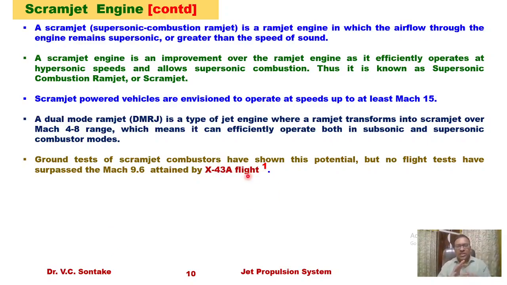Though the scramjet engine, when designed initially, was expected to achieve a Mach number of 15, so far, of the scramjet engines designed and tested, the highest speed attained by any scramjet engine is Mach 9.6, by NASA's flight X-43A.